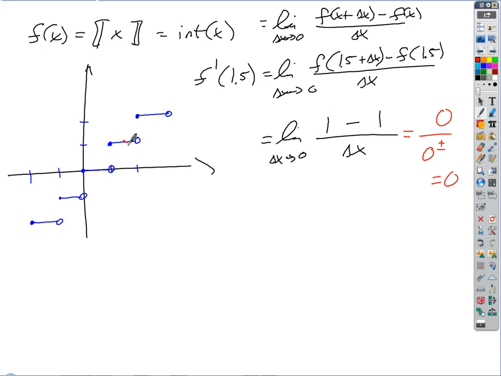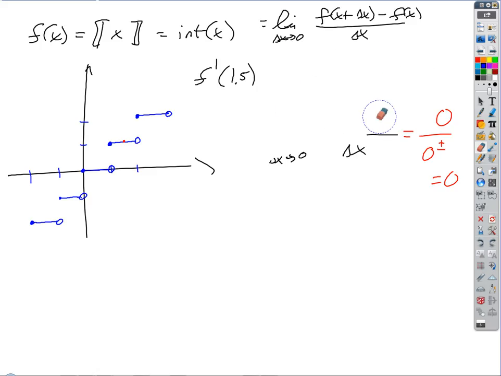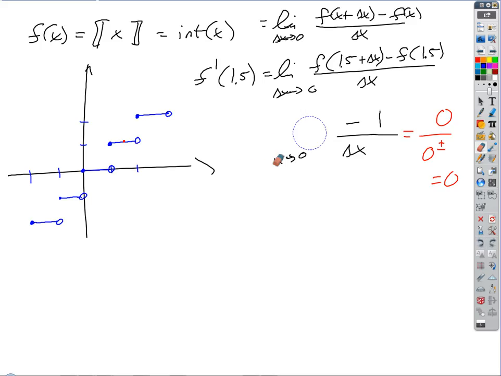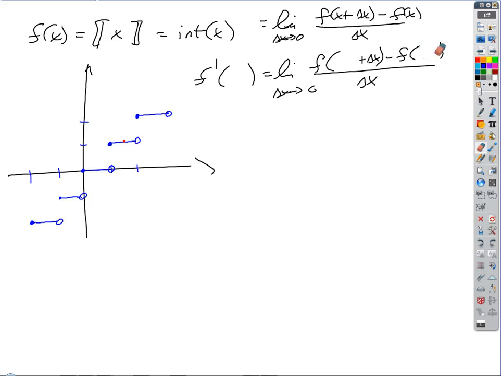Let's try this at something like, how about at x equals 2? Okay, I can see why maybe this is going to be a little bit tougher.